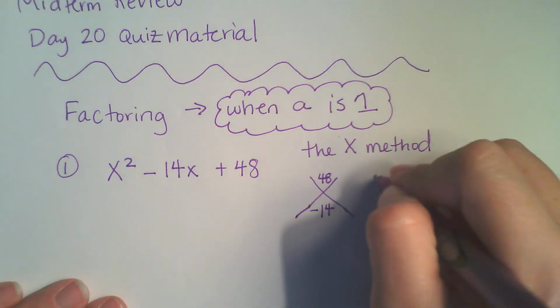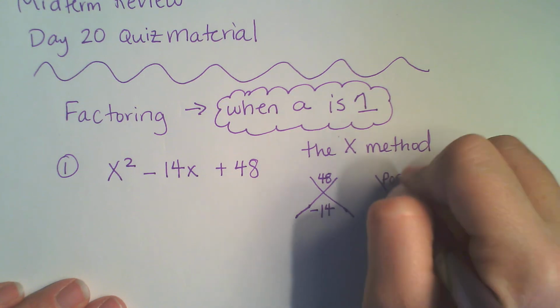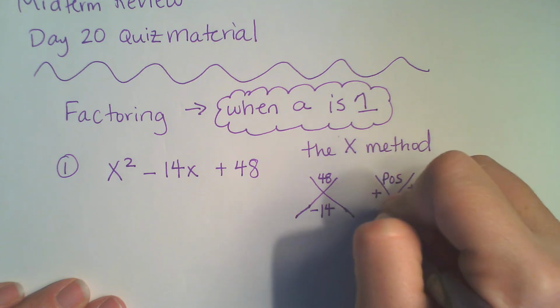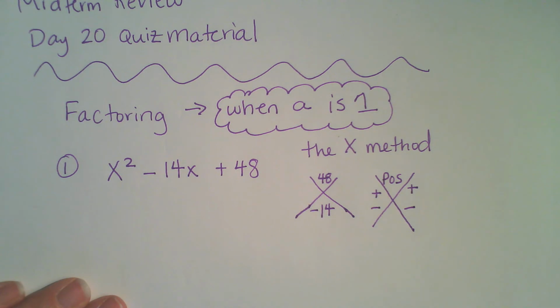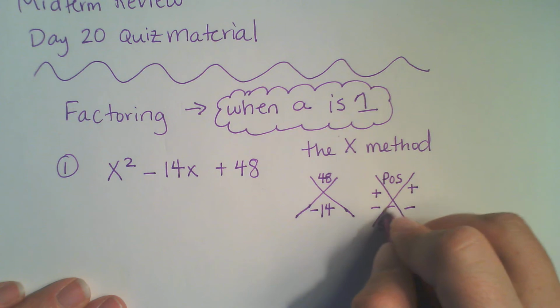So just a couple of things about the signs here. When this is a positive number, it's either going to be a plus plus or negatives, and it's going to be the same as whatever sign is down here.